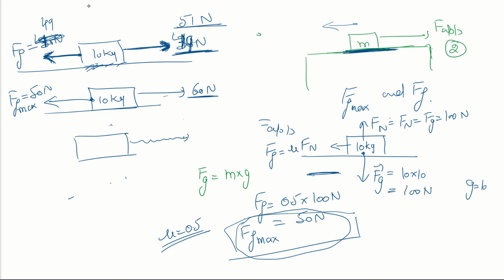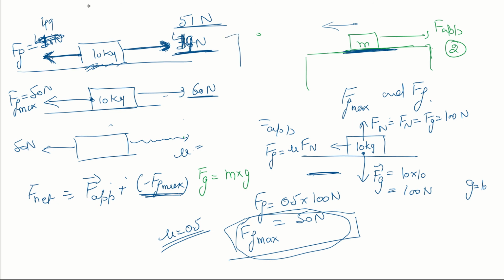That will convert it into F net. F net will be equal to force applied minus force of friction max, and the force of friction max is 50 newtons. So when to use this formula, force of friction max? If you are given the coefficient of friction, or you are asked to find the coefficient of friction, then you will use the force of friction max formula. Always remember this thing.